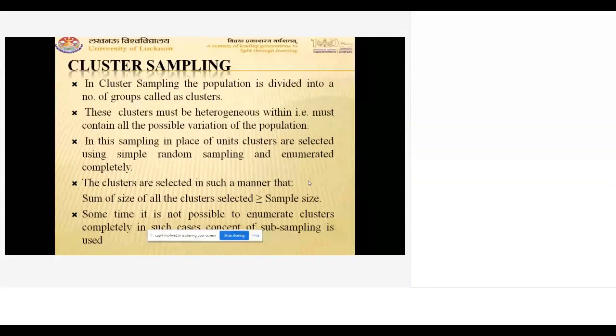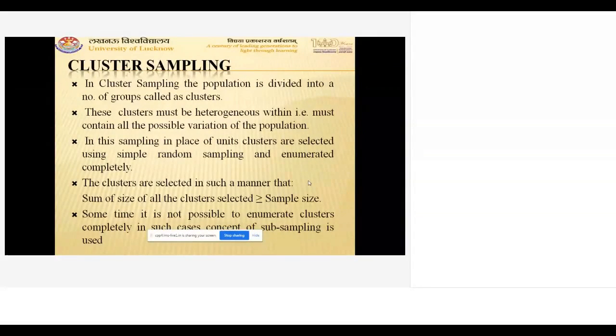Here, in place of individuals, the sampling units are clusters. That is, sampling is performed over clusters. Clusters are selected with the help of simple random sampling without replacement, and complete enumeration is performed over these clusters. That means data is collected over each and every individual within the cluster.